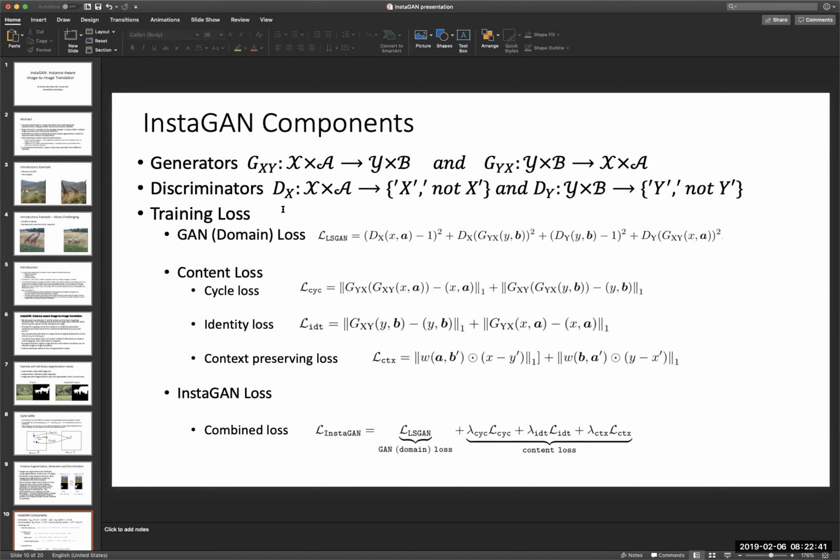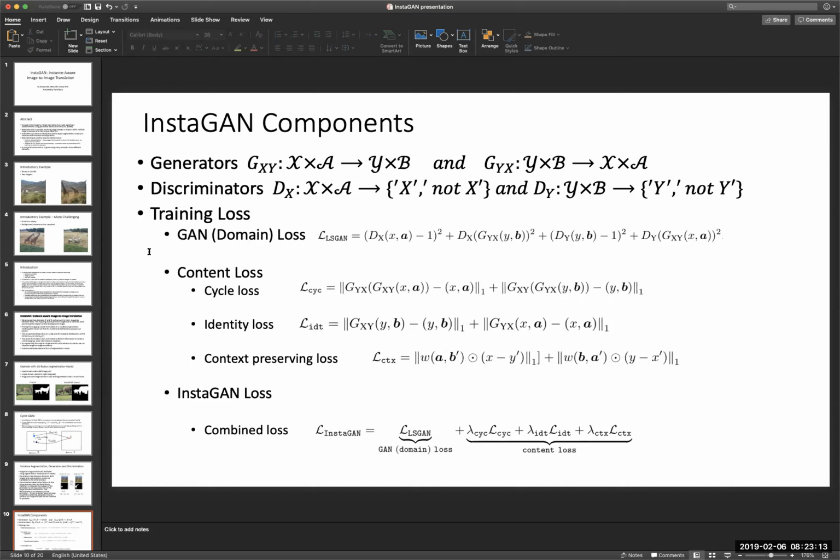The discriminator for the domain X has the identical input as the generator, but its output is basically the class, whether it's X or whether it's not X. The same for Y. The discriminator for Y has the same input as the generator from Y to X, but it's a binary classifier.